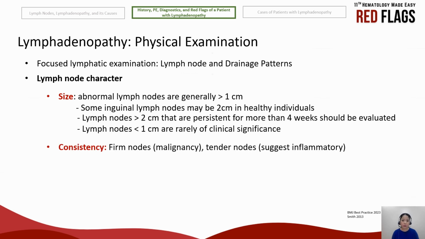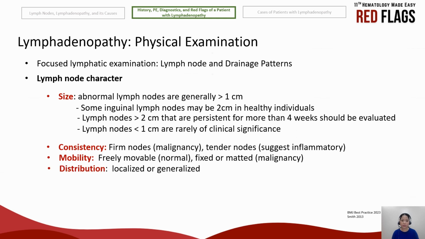In terms of consistency, firm nodes may denote malignancy, and tender nodes may suggest an inflammation. In terms of mobility, freely movable lymph nodes are considered normal, while a fixed or matted lymph node may be seen among patients with malignancy. In terms of distribution, lymphadenopathy may be localized when the enlarged lymph node is seen in only one region, and generalized when enlarged lymph nodes are seen in 2 or more non-contiguous regions.